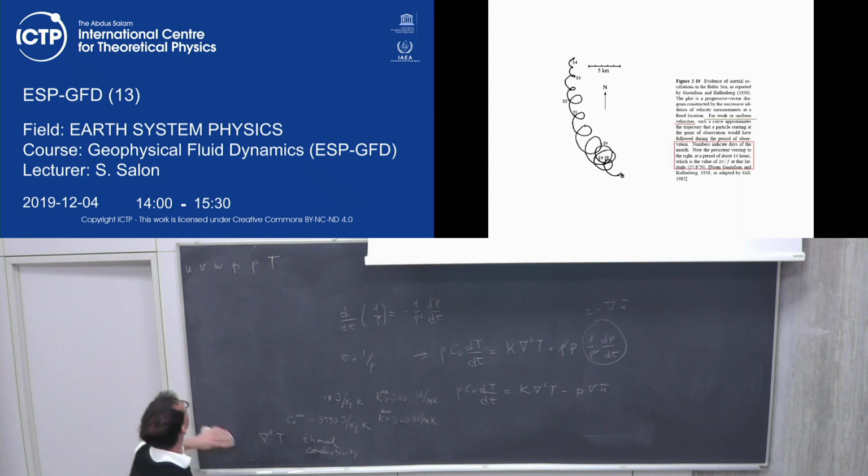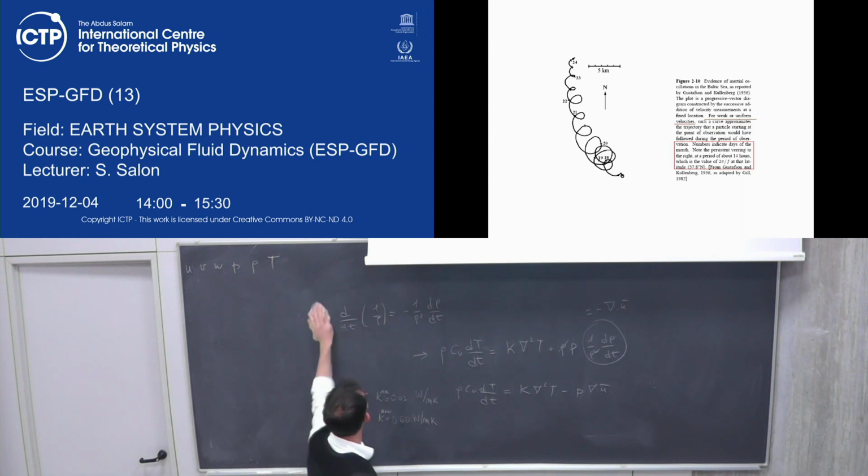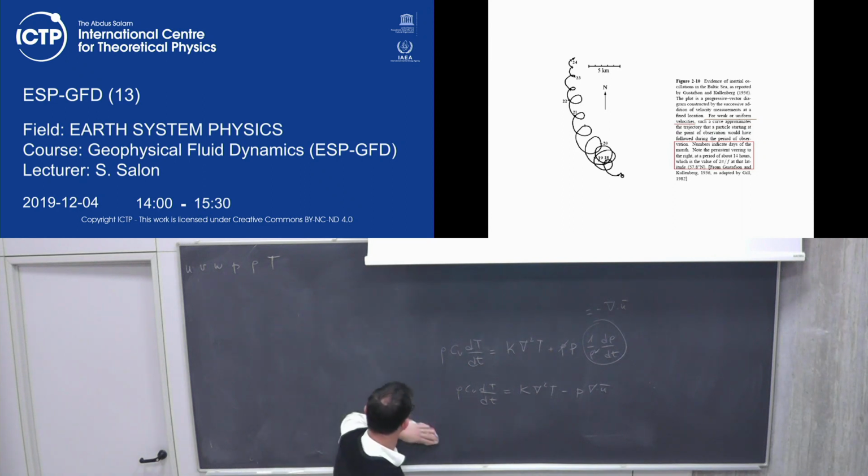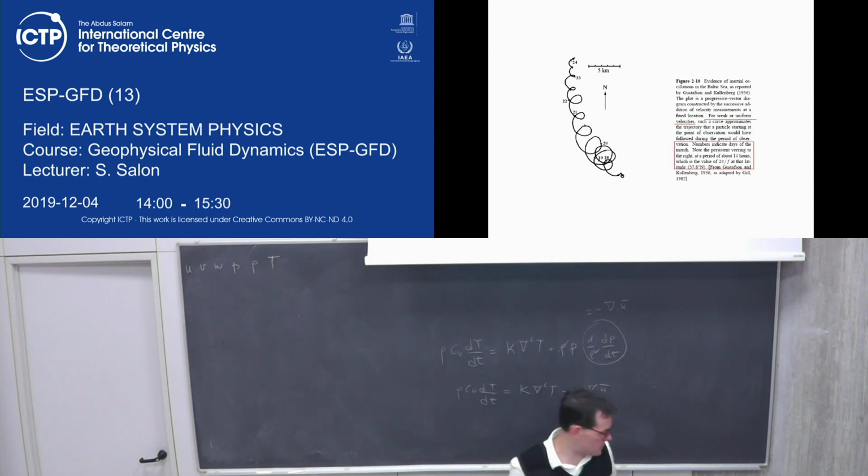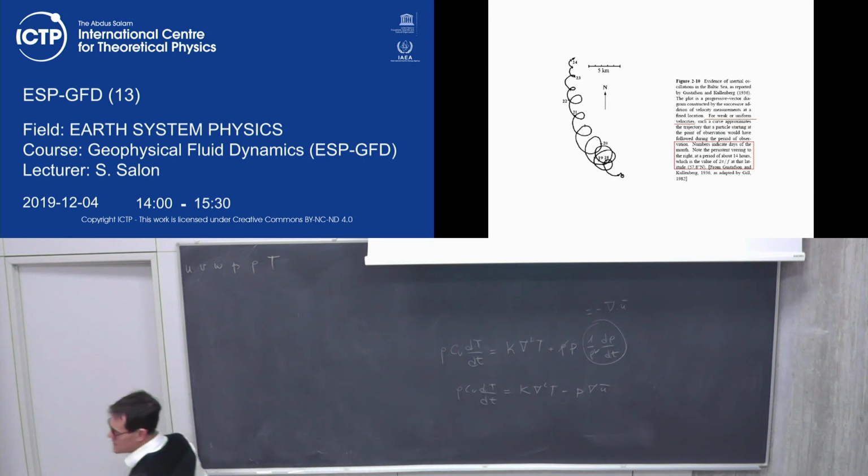So we have velocity, pressure, density, temperature. Do you have any idea? Those of you who studied meteorology. Ideal gas equation. Ideal gas, this is a good hint, but ideal gas is only for air.